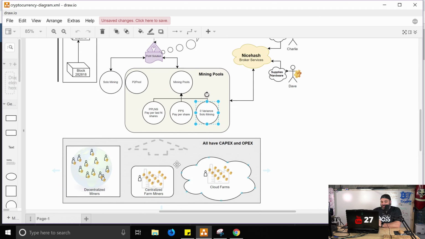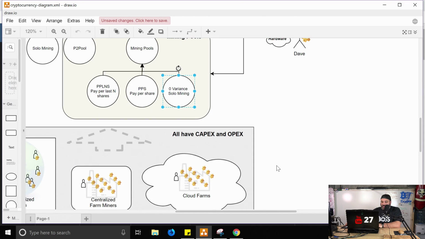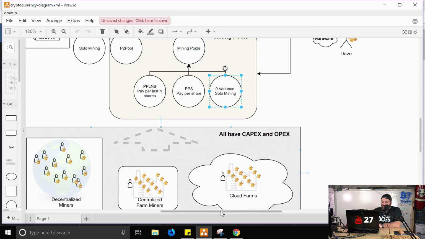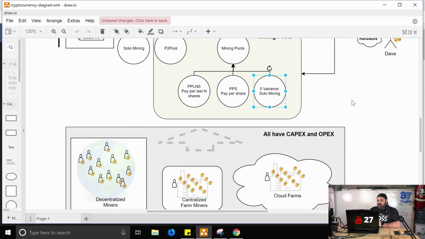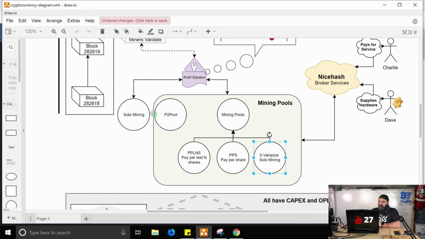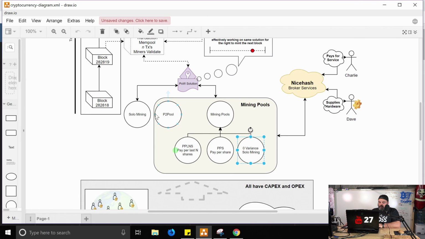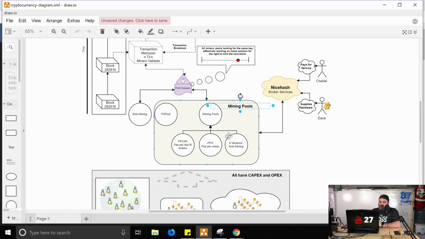Because a lot of people have this misnomer that it's just about the centralized farmers. And in reality, it comes more down to where they send in all their hash power. So your centralization really happens at your mining pool standpoint. And then the business rules that are predicated on a mining pool can really set forth a path of, is there selfish mining going on, all those sorts of things.